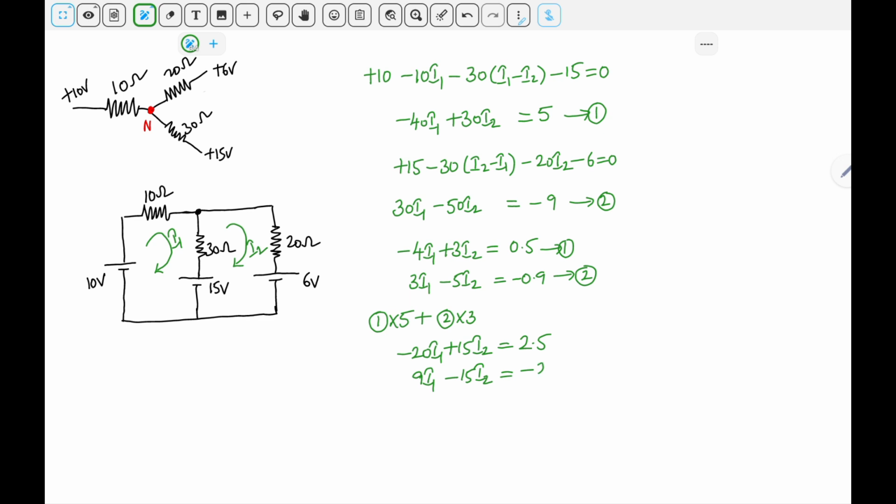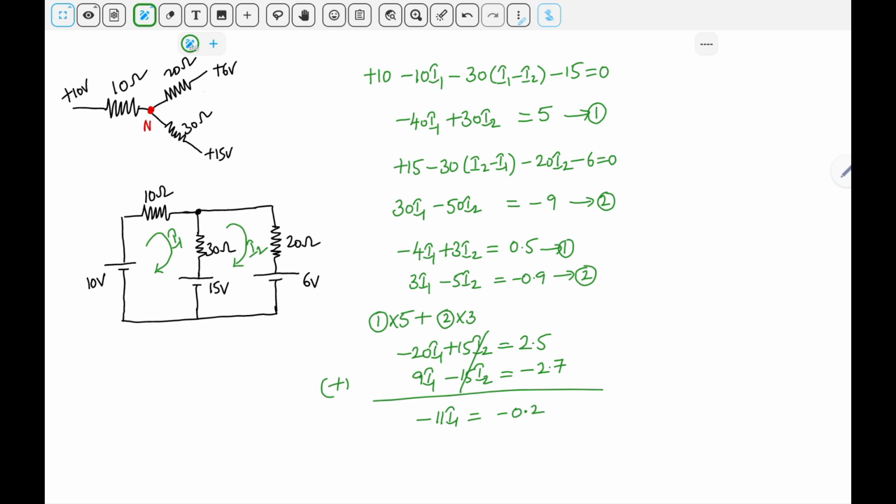Now when you add both the equations, plus 15 I2 and minus 15 I2 will get cancelled out. Minus 20 I1 plus 9 I1 is minus 11 I1, which is equal to 2.5 minus 2.7, which is minus 0.2.